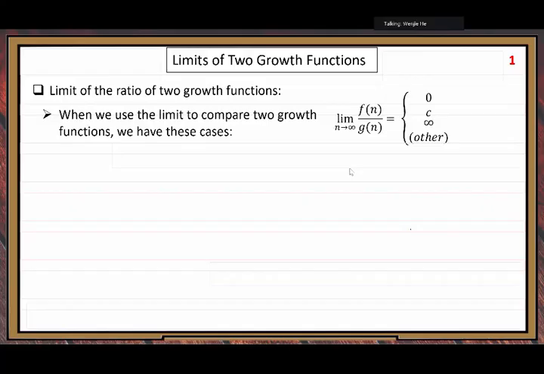The second case, the limit is a positive constant C, which cannot be 0, strictly greater than 0. The third case, infinity. And the fourth case, none of the three above.